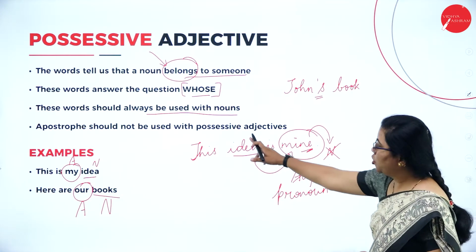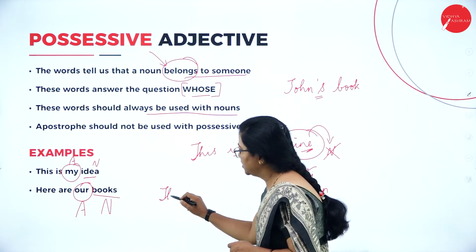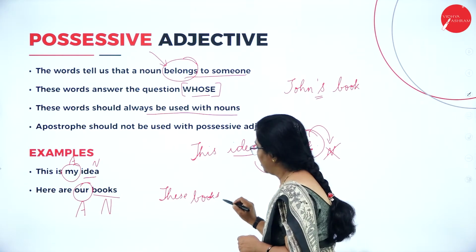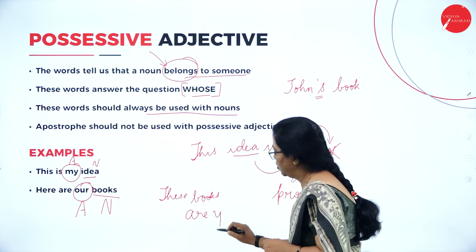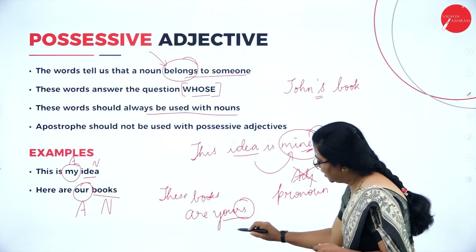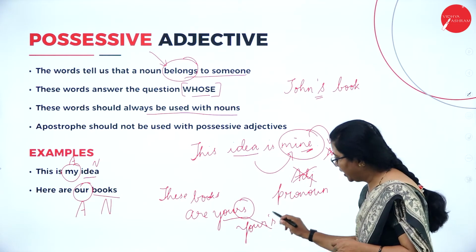Fine. Then I spoke about apostrophe. So where do you use this? Suppose I say, these books are yours, I say. Okay. Whenever I say yours, I am writing it together. I am not writing Y-O-U-R-apostrophe-S. Okay. I am not writing it this way.